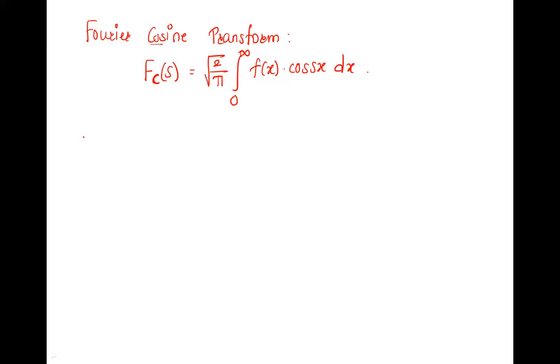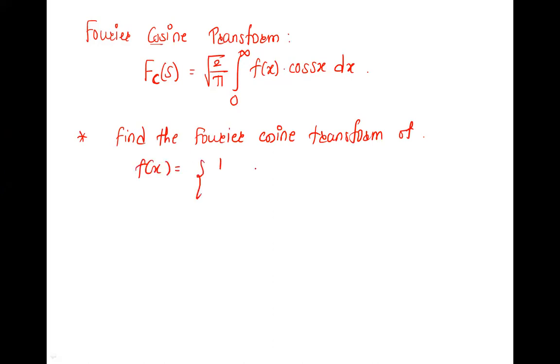Right, so we can see the question. Find the Fourier cosine transform of f of x equal to 1 in 0 to 1 and 0 when x is greater than 1. This is your first question.